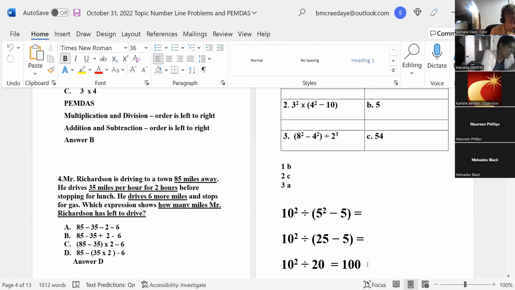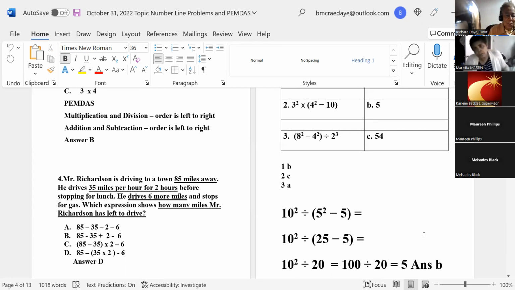Okay, let's put here: divided by 20, and Mercedes is correct, that's equal to 5. So that would be B, right? Yes, Miss. Answer B. Okay, so 1 is B.